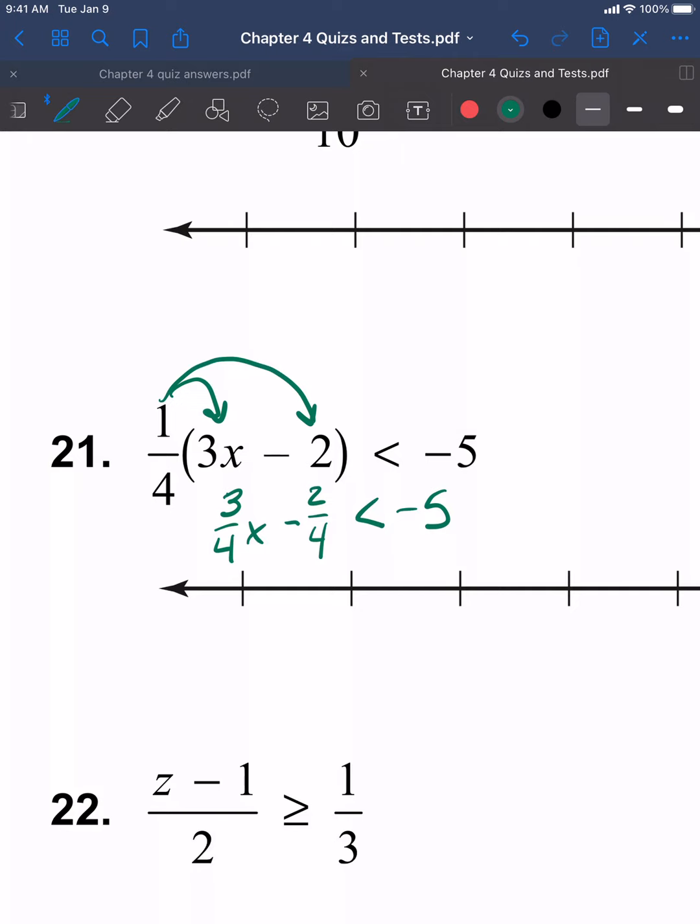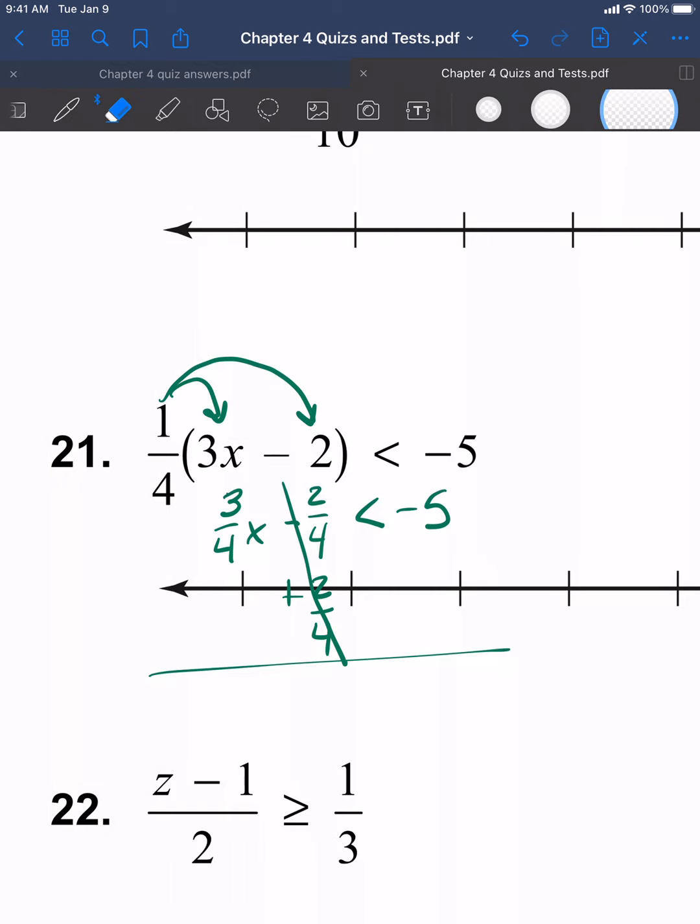Okay, now what? Add half. Add the 2/4 to each side. Okay, bye-bye. You guys are saying that 2/4 is the same thing as a half, agreed? If I have a negative 5 and you add a positive half, where does it go on the number line?